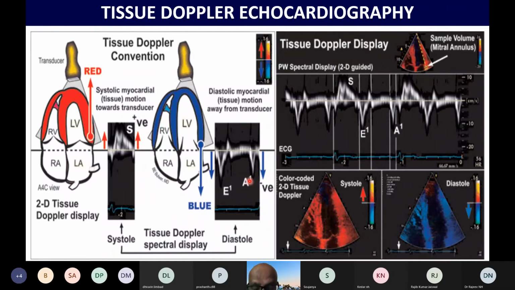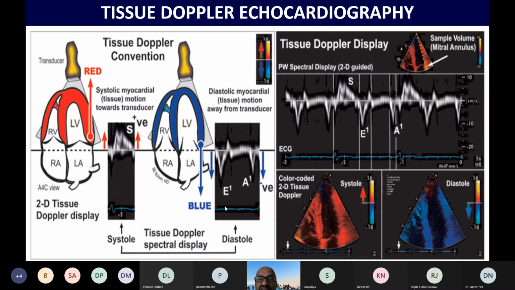In mitral inflow velocity, in patients who are pseudo-normal, the E by A ratio will be normal. But if you look at the tissue Doppler, the E will be smaller than the A. That is a differentiating feature between the tissue Doppler and the mitral velocity Doppler profile in patients who have diastolic dysfunction.